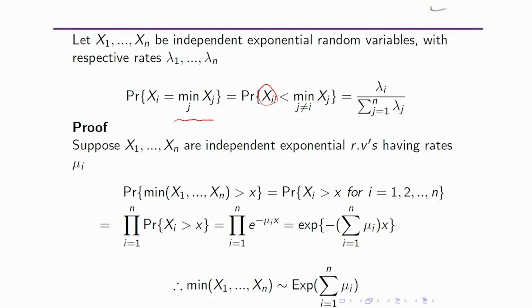And that is equal to lambda i over the summation of lambda j from 1 to n. Now we want to prove this.